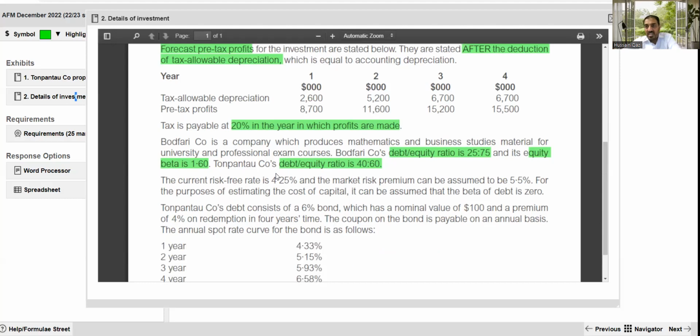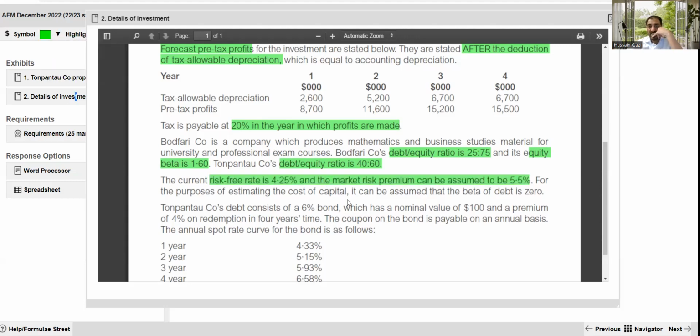So here, if we are going to make investment appraisal, first we need to work out the WACC, and then move on accordingly. The current risk-free rate is 4.25%. Market risk premium 5.5%.